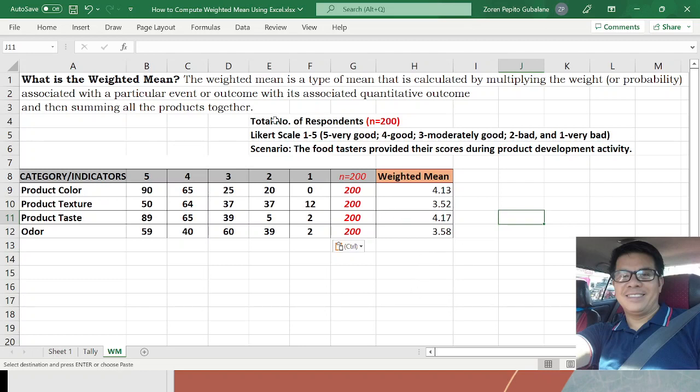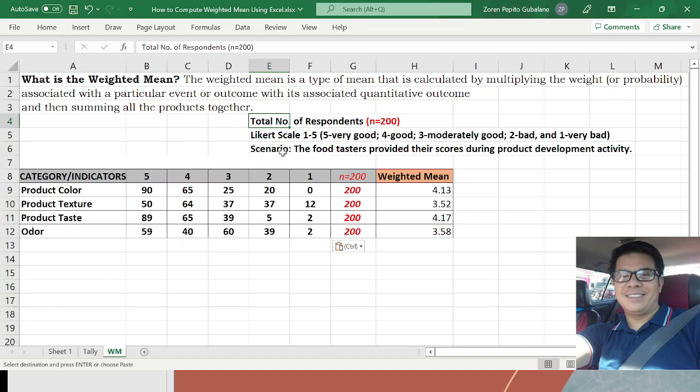Let's take a look at the assumptions. The total number of respondents is 200. The Likert scale used is scale 1, 2, 3, 4, 5, wherein 5 refers to very good, 4 refers to good, 3 refers to moderately good, 2 refers to bad, and 1 refers to very bad.